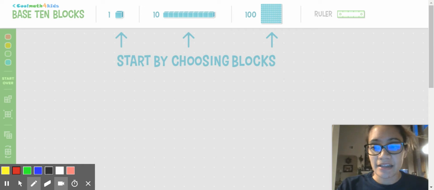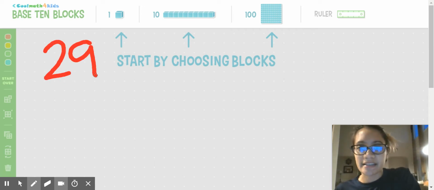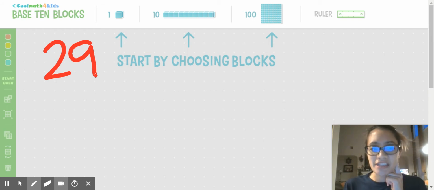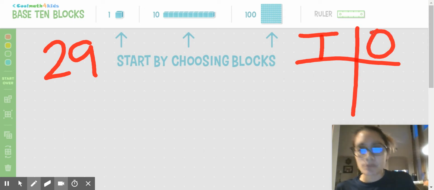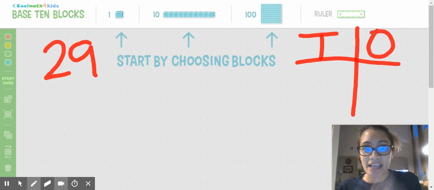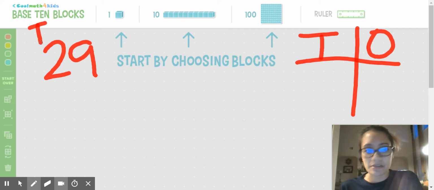And I want you to think about the number 29. First off, you have to think about, how many tens and how many ones does 29 have? Well, good rule of thumb, if you have a two-digit number, the first number that you see, that's your tens. So think about that.